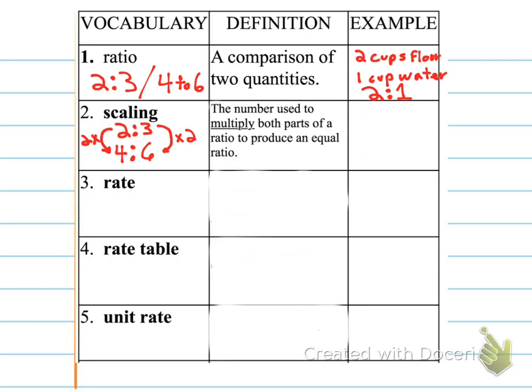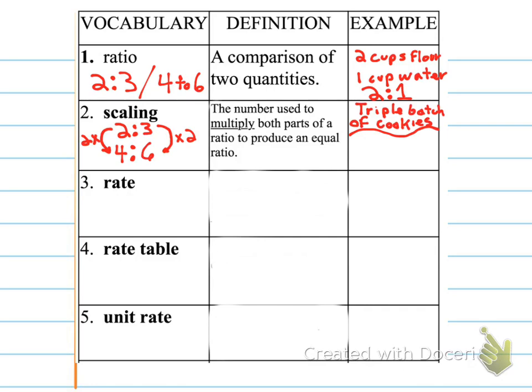And a couple examples we could put in there is a triple batch of cookies. We need to triple a recipe.